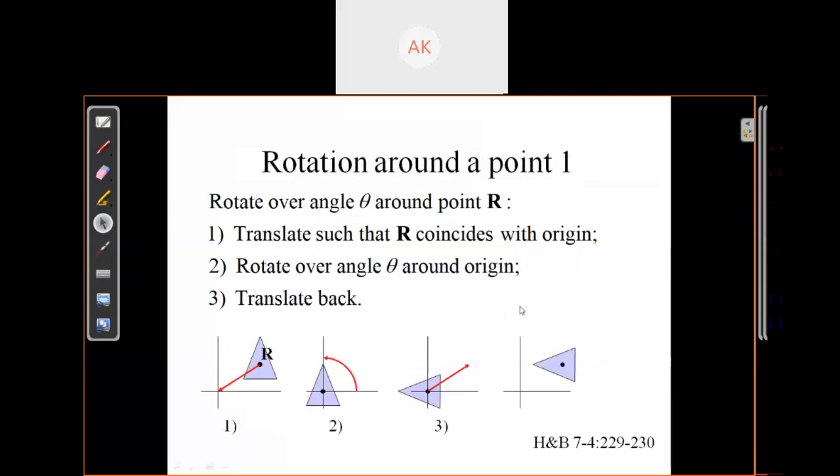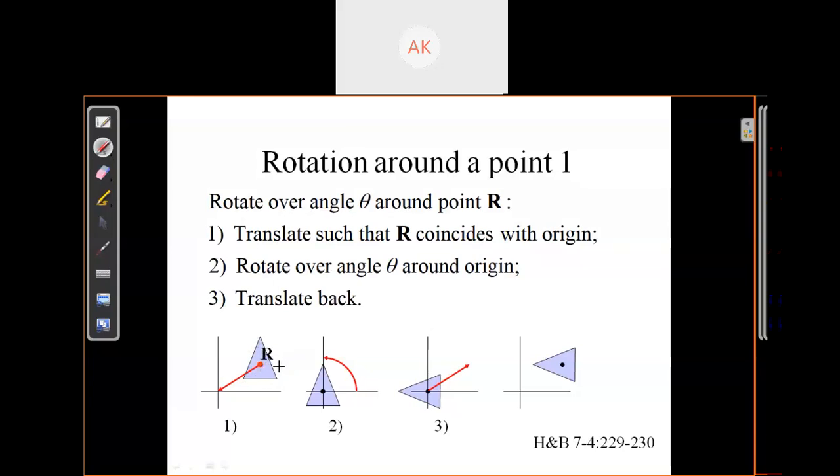So the next is general pure rotation. Just consider you want to rotate an object about this rotational point. As you can see on your screen, this is your object and this is your rotational point.